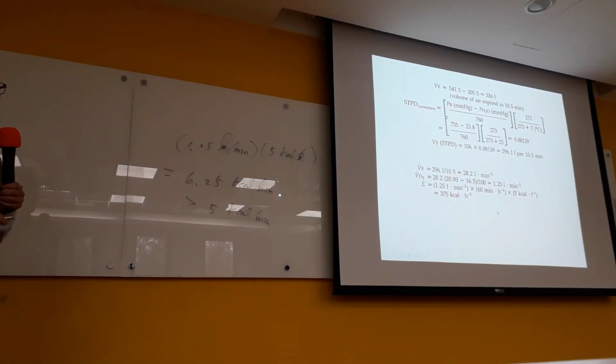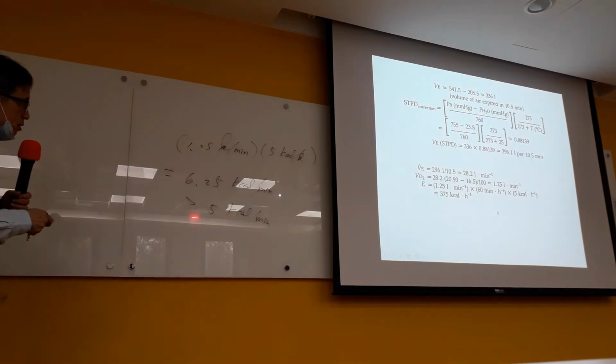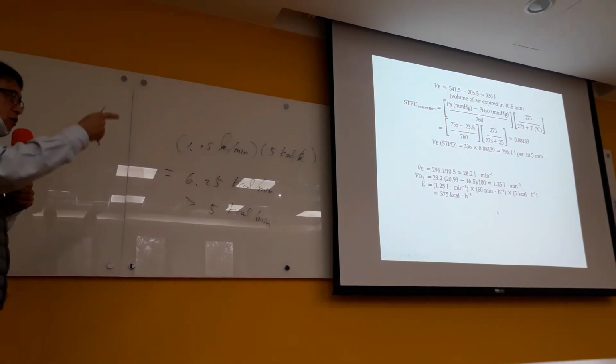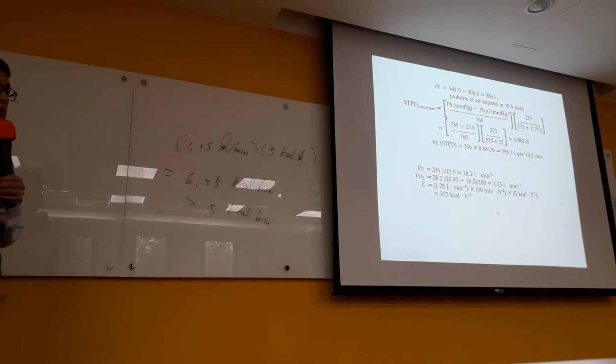And the standard today, the international standard, is to maintain the job below this value, 5 kilocalories per minute. That's considered to be a fair job, both for the worker and for the boss.